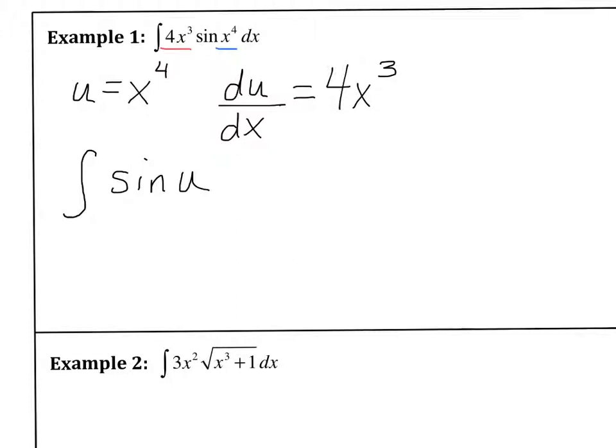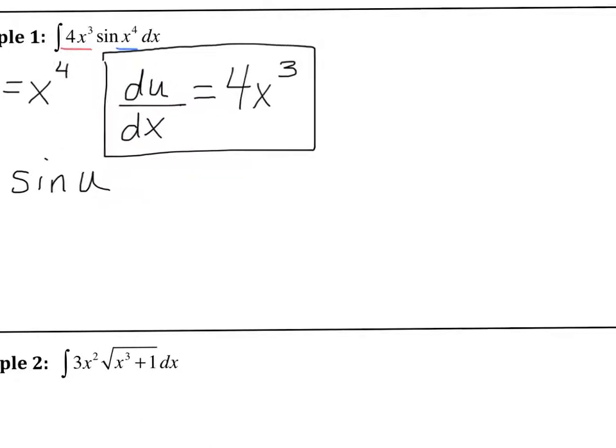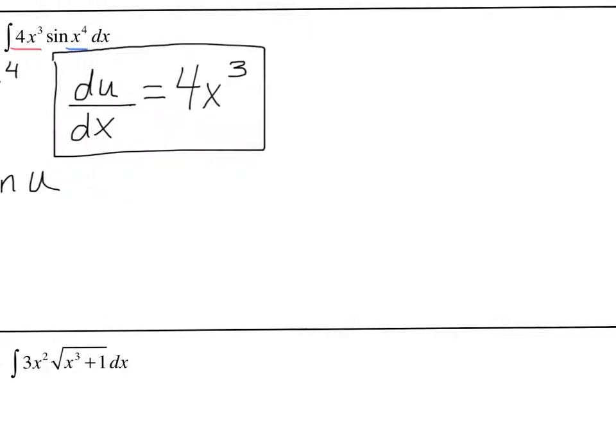With a little bit of algebra, we can see that by multiplying both sides by dx, I can get that du is equal to 4x cubed times dx.